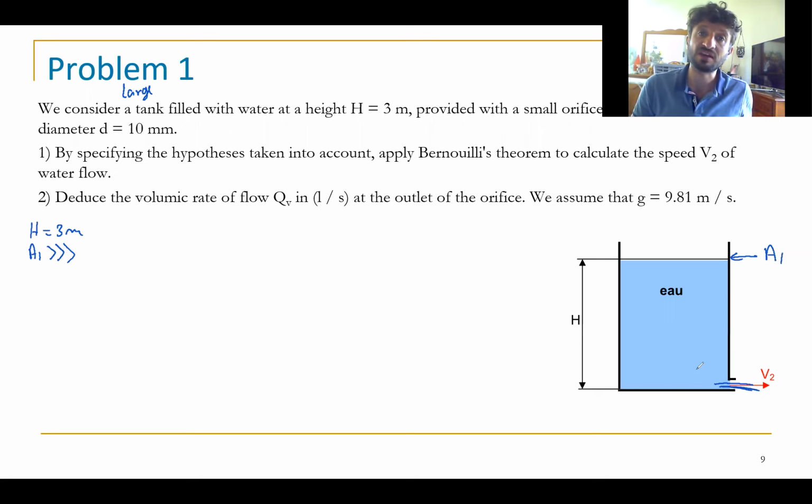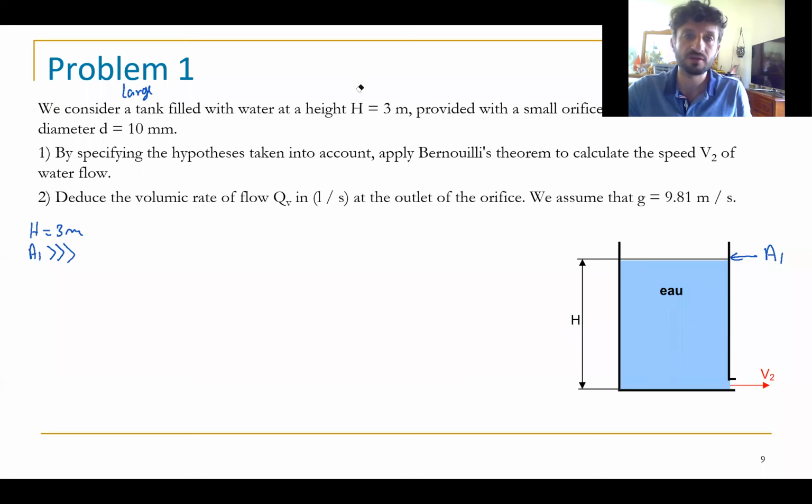So here we have a dynamic configuration with a flow of fluid, and I ask you to find the speed of the fluid at the point 2, at the outlet of the orifice.